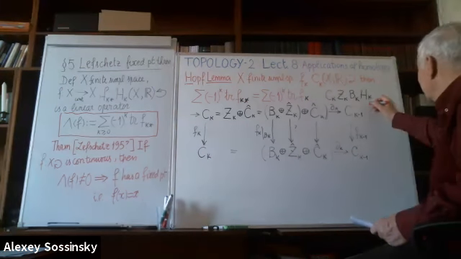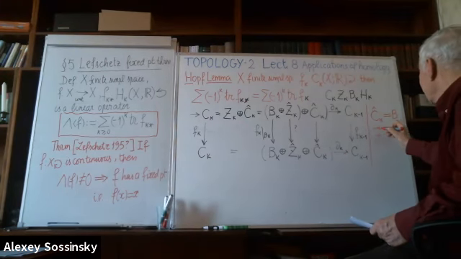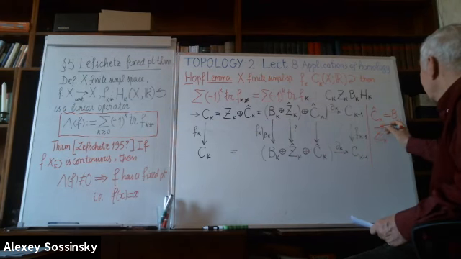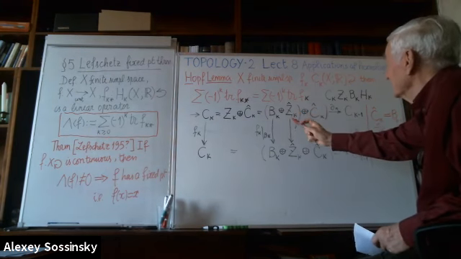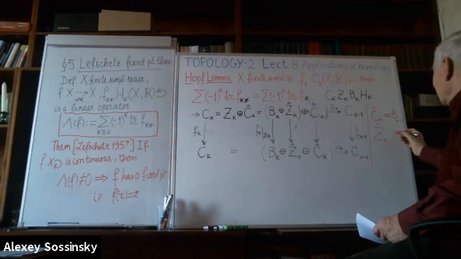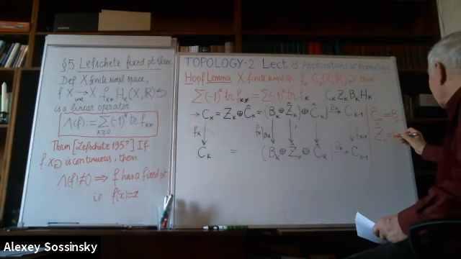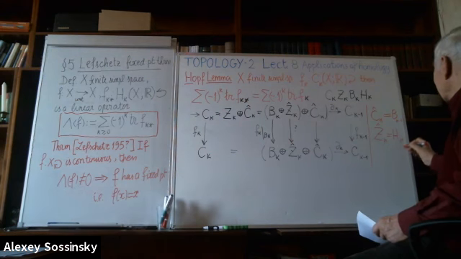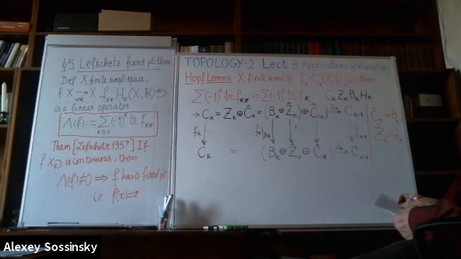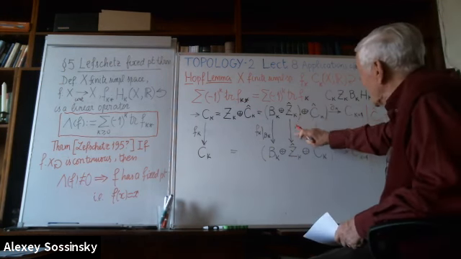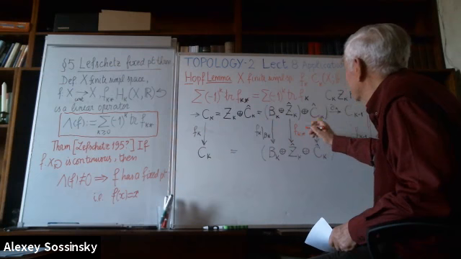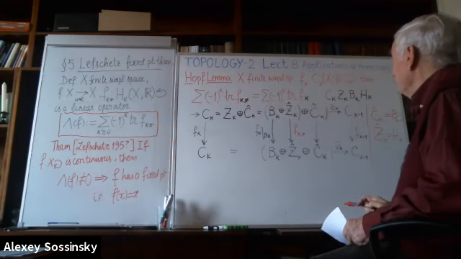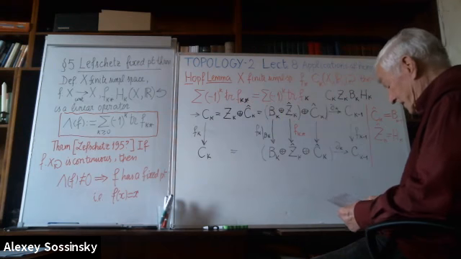And what is zk hat here? That is the kth homology group, or rather linear space. And this map here is none other than Fk star, this fellow here.